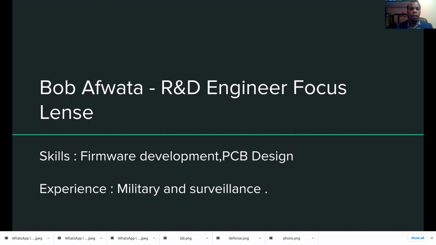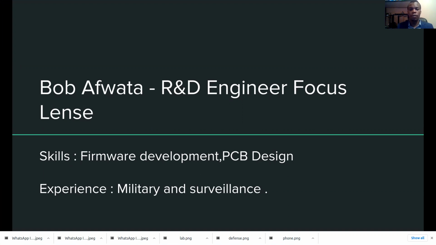I am the R&D engineer and co-founder of Focus Lens Electronics, which is a small R&D company based in Kenya. We do R&D on wireless communication, IoT, as well as product design.